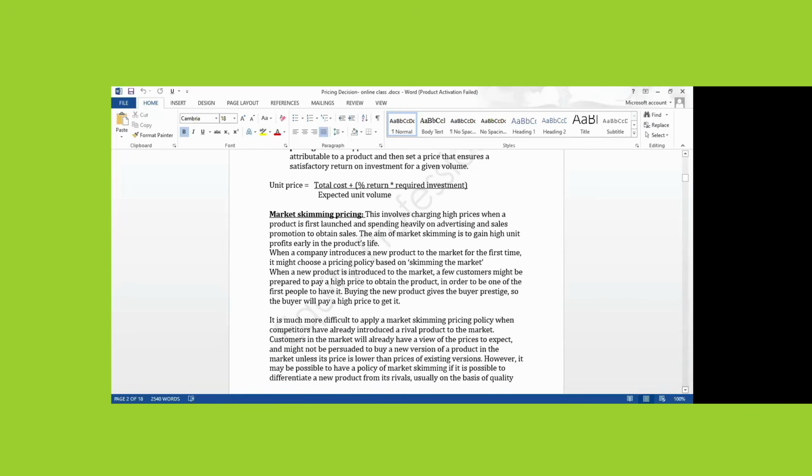Customers who have gotten an idea of the price expected to be paid will compare the price with rival products.